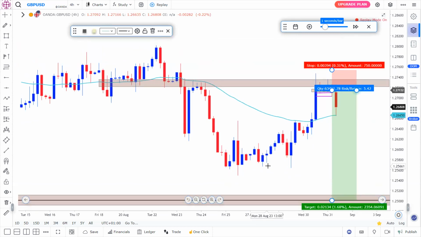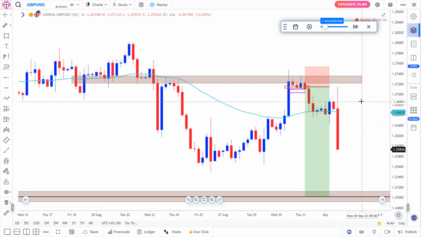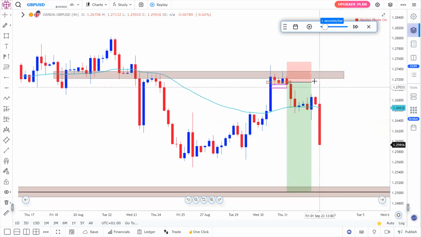So now I had my sell trade moving nicely, and almost very quickly, price came back to our entry. And then we had a quick drop from that level, as you can see right here.